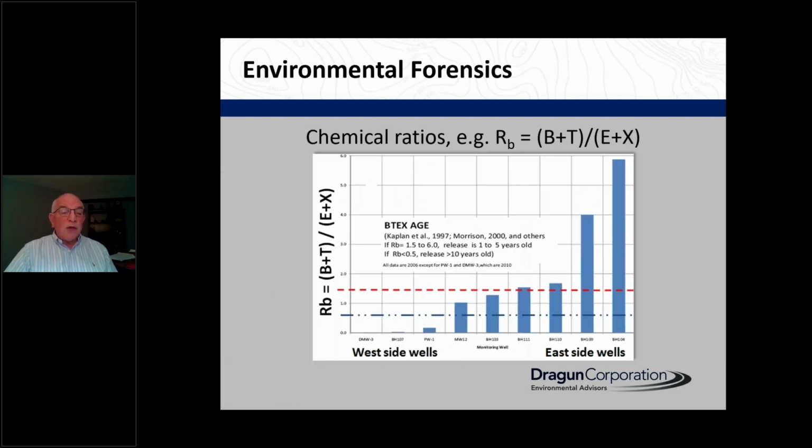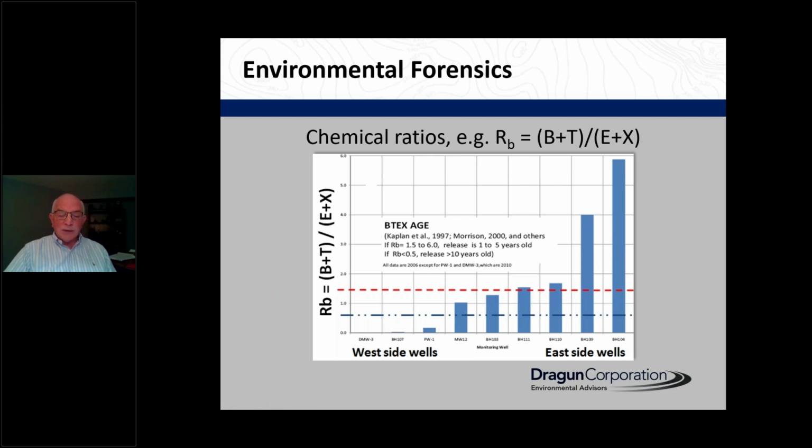Or you can do ratios. For example, this is one that I like using, call it the BTEX age. It's the ratio of benzene plus toluene divided by ethylbenzene and xylene. And this is useful because it is commonly available information at gasoline release sites.